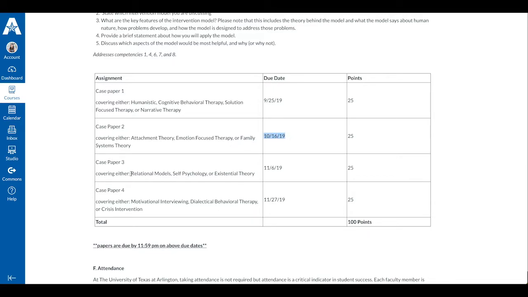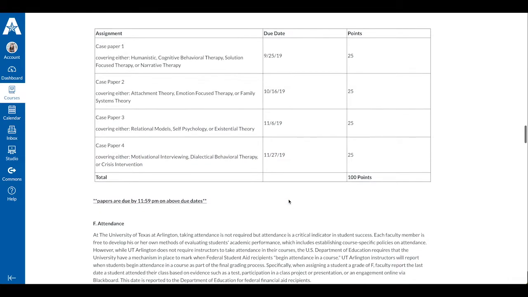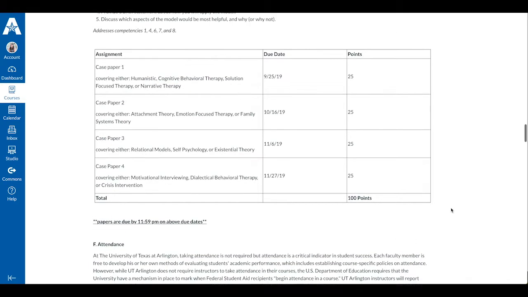Case paper 3, relational models, self-psychology, or existential, is due 11/6. And then case paper 4 is either MI, DBT, or crisis intervention, due 11/27. So papers must be submitted by 11:59 on the above due dates.